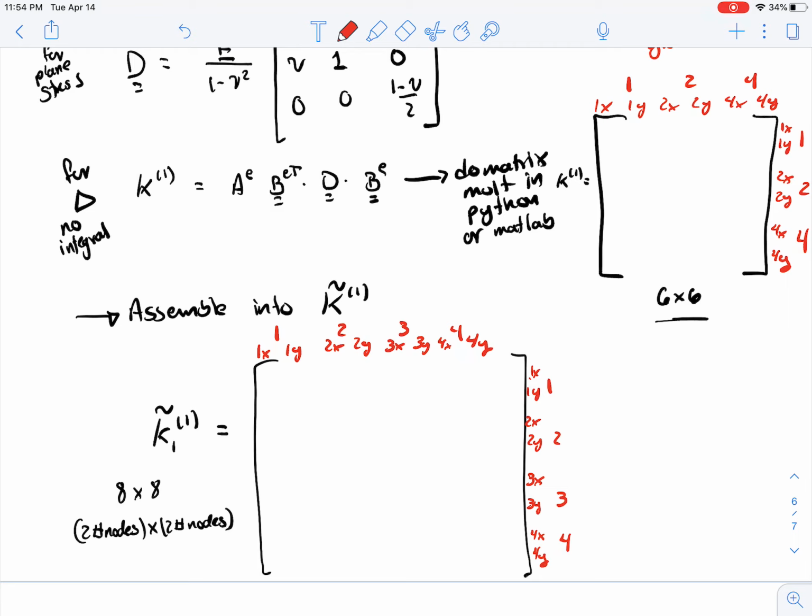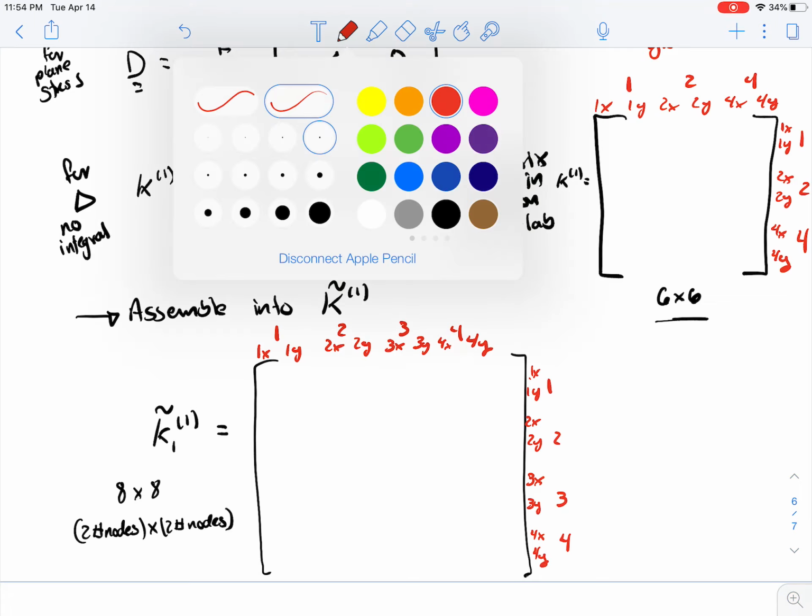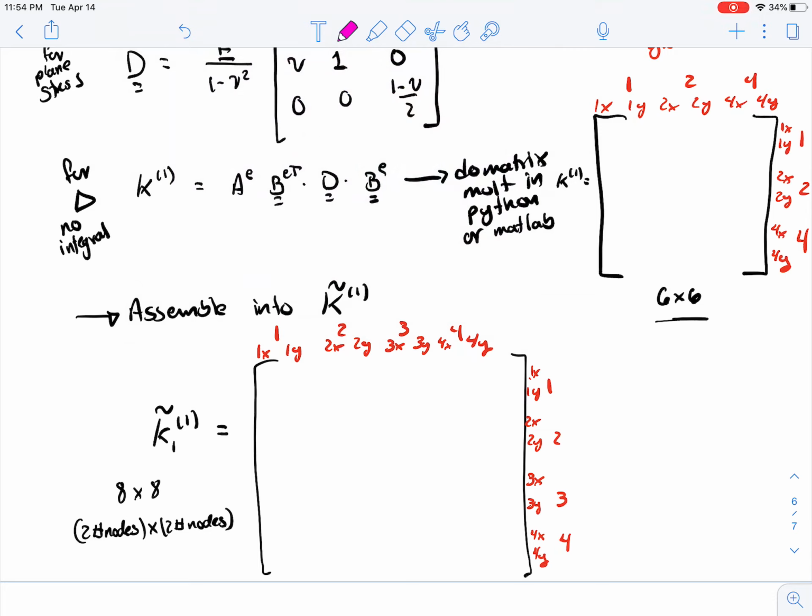So in reality, and this is, I think, what I was making a mistake before, 1x is actually 1, 2. So let me use a different color.